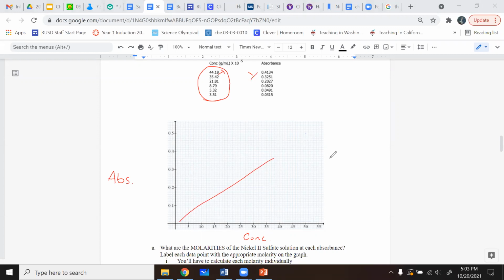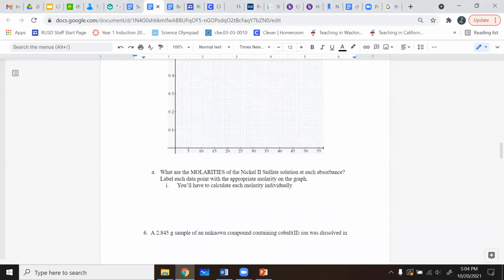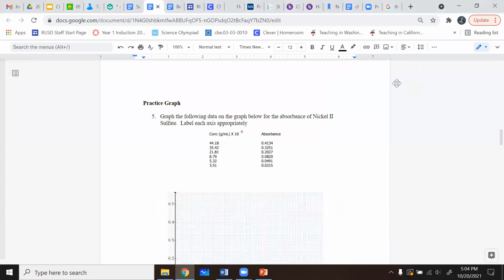Then you are asked down below about the molarities of each of the nickel 2 sulfate solutions at each absorbance. To calculate those molarities, you will notice that the concentration up here is not given in molarity, it's given in grams per milliliter times 10 to the negative 5th. So instead of just taking these and saying, okay, obviously those are my molarities, they're absolutely not.